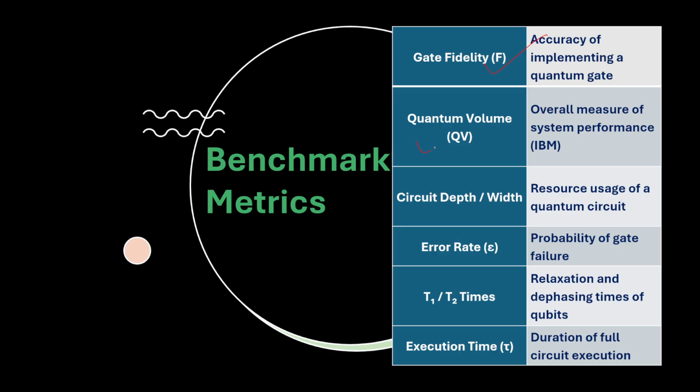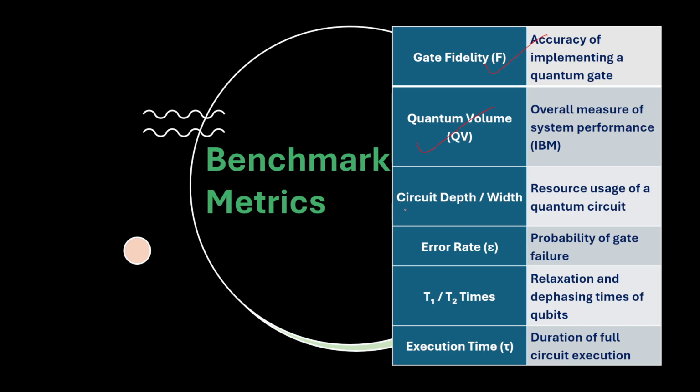Okay, another parameter is the quantum volume. Quantum volume gives the overall capability of the performance. So what is overall capability? Capability is something like the gate fidelity, the connectivity, the error rates, and how many qubits are in the quantum circuit.